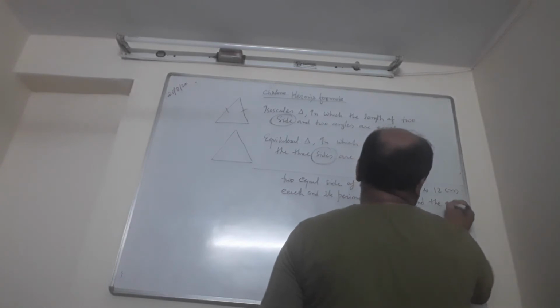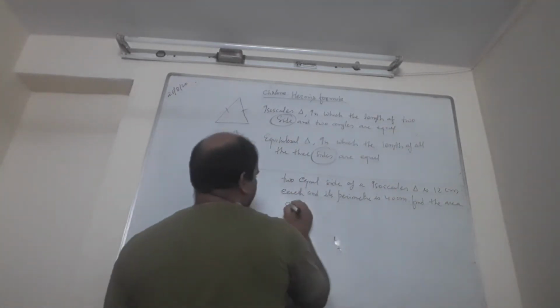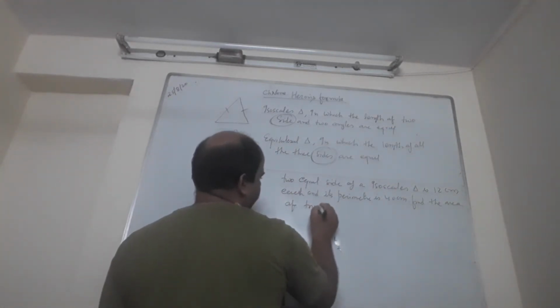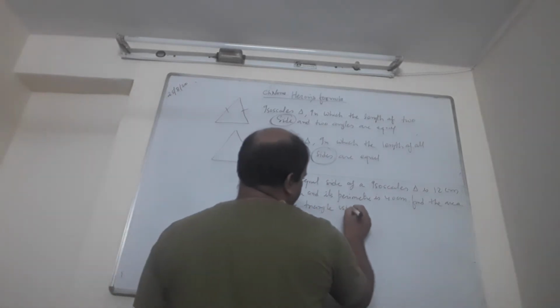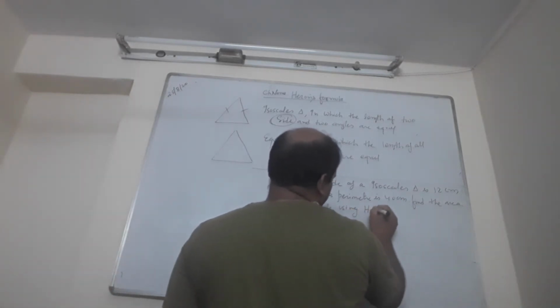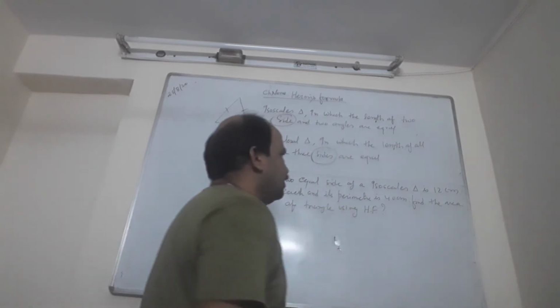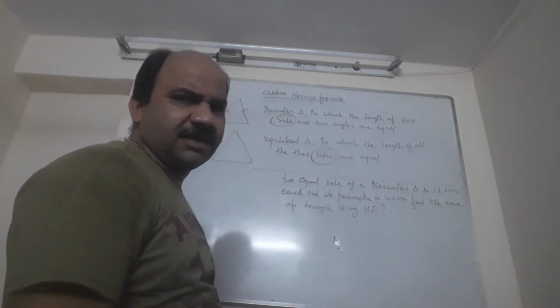Find the area of the triangle using Heron's formula. So this is one of the questions I have written as an example.